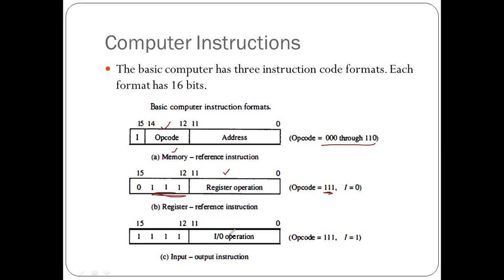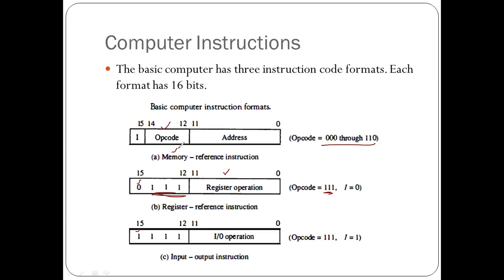Again, based on the most significant bit, I can decide whether it is a register reference or an input output instruction type. This is how the control unit or the decoder unit inside your CPU decodes the instruction. Based on these 3 bits, the decoder decodes whether it is memory reference type or register or IO reference type.